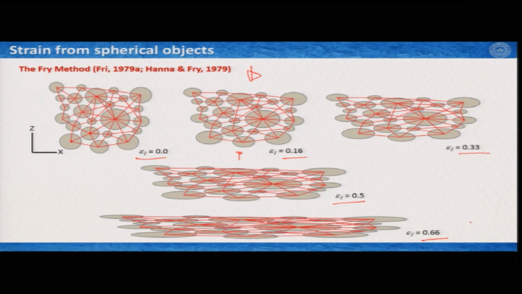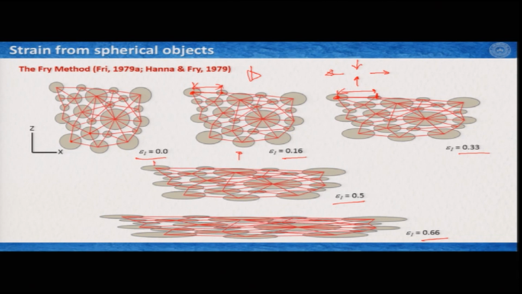So, clearly if I deform this piece this way, the vertical direction is the compression and shortening direction, and the horizontal direction is the extension direction. We can see that with progressive deformation, all distances along the horizontal line are progressively increasing.